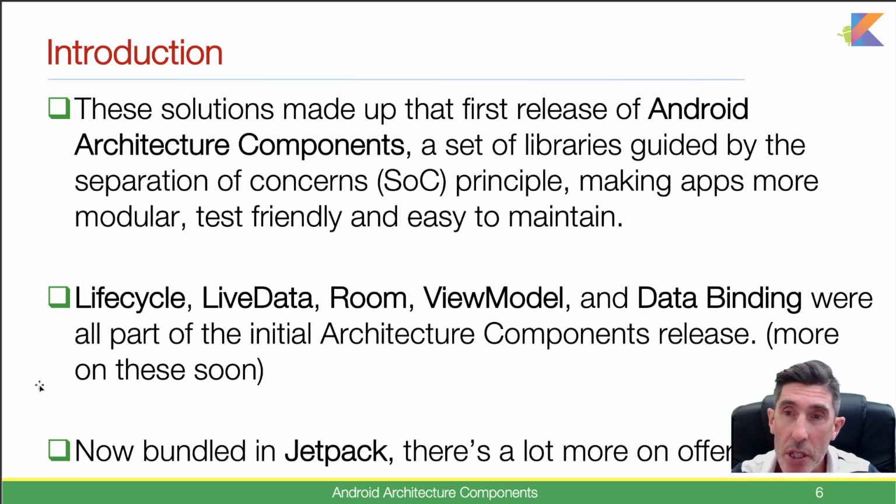Now, these solutions made up the first release of the Android architecture components, which were a set of libraries guided by the separation of concerns principle, making apps more modular, test-friendly, and easy to maintain. So again, if you go back to the previous section, looking at the design patterns, all about this decoupling, the separation of concerns, separating out those components, that was at the forefront when they were bringing in these new components.